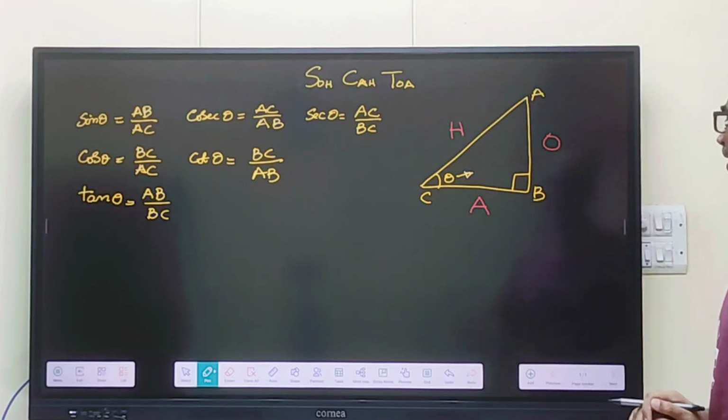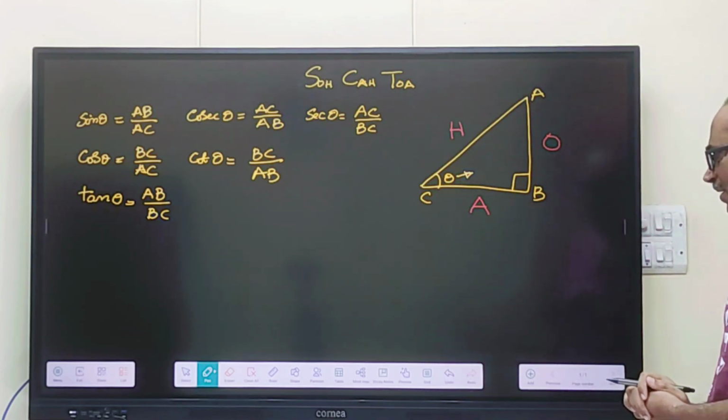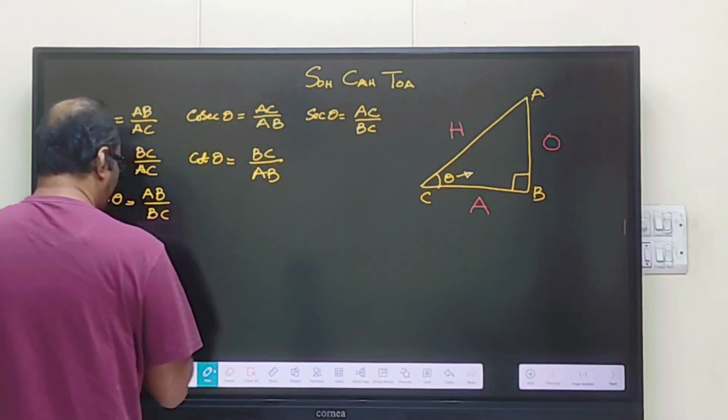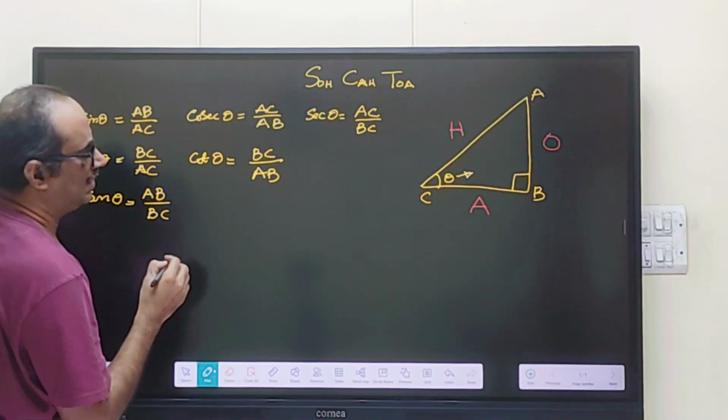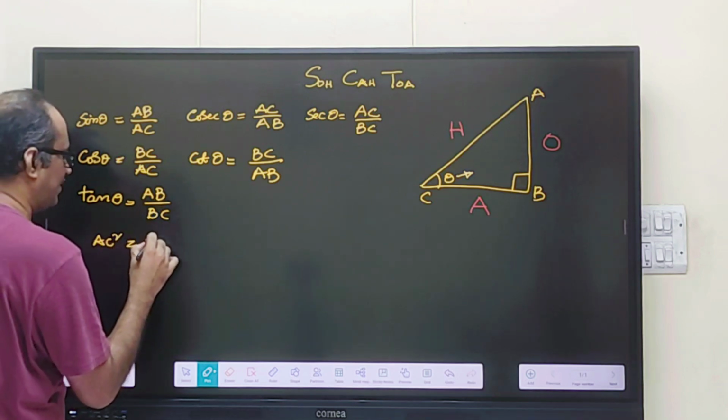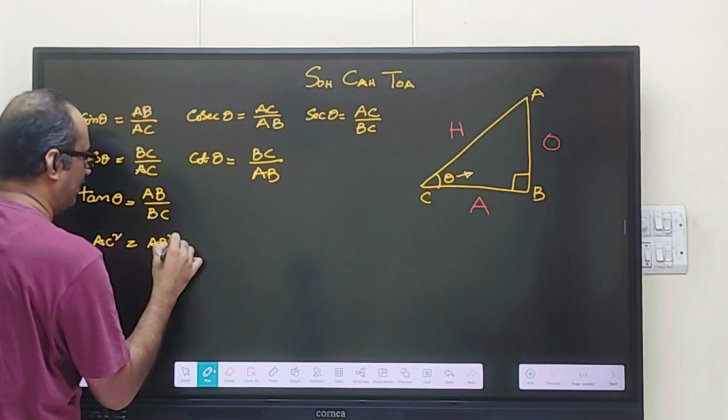Now how to derive the identities? For that we will use Pythagoras theorem, and we will say that AC square equals AB square plus BC square.